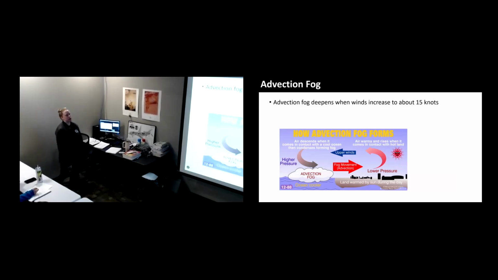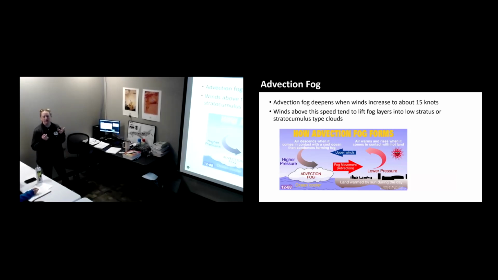Advection fog deepens when the winds increase above 15 knots, and winds above this speed tend to lift this fog into low stratus clouds. So with this one, a little bit of wind isn't going to dissipate it.